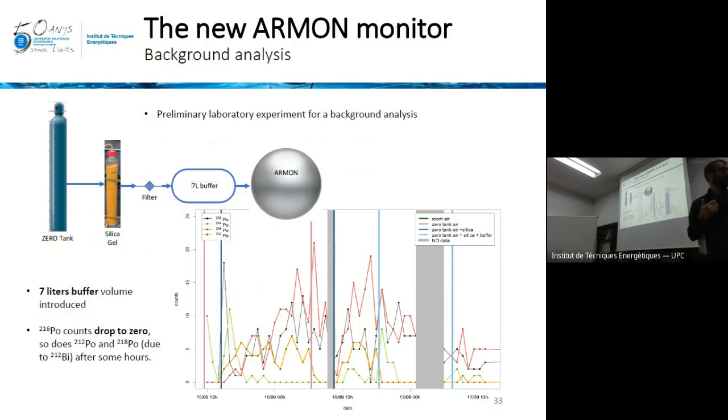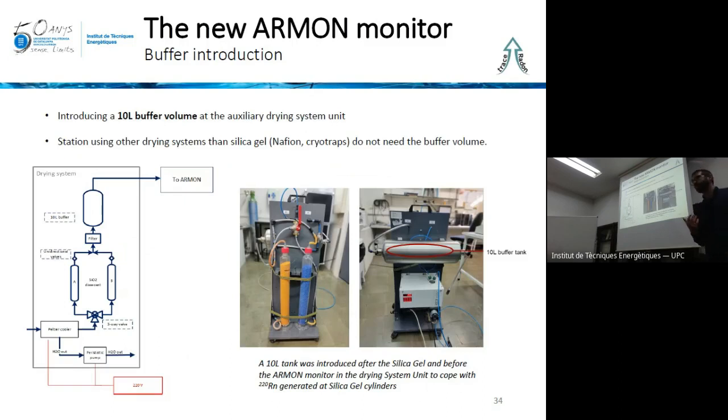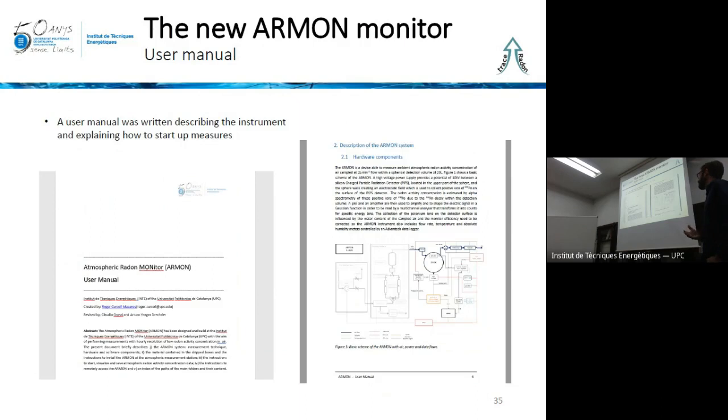So in the end, in the final design of the drying system, because as explained before, we need the air to be dry, we introduced a 10-liter buffer tank to cope with these undesired counts that are coming from the silica gel, which was a surprise. Finally, we made a user manual on this instrument for people who are going to use it.